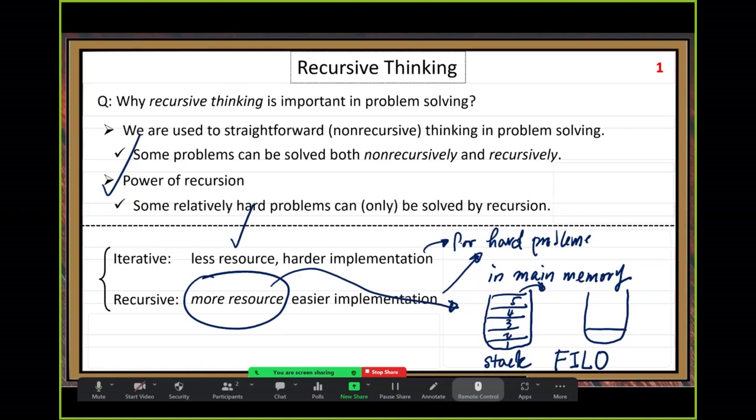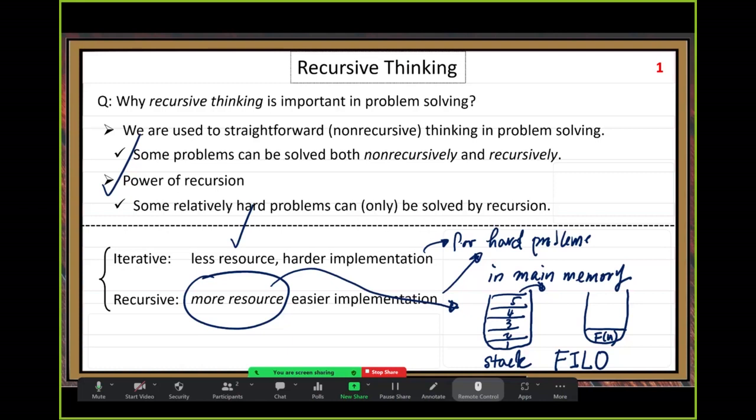We want to evaluate the function f of n, but we couldn't find its value. It relies on its previous value, f of n minus 1. So f of n is not available.